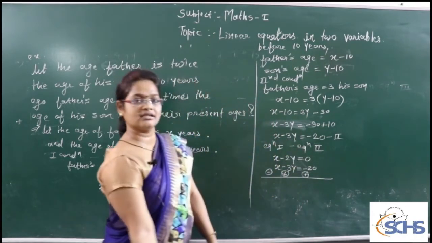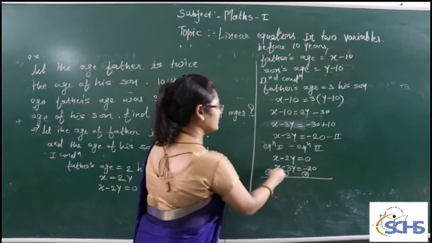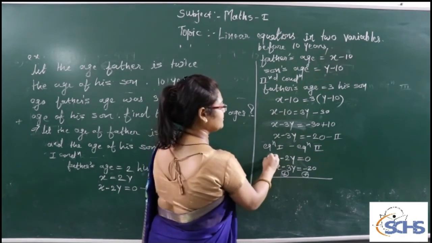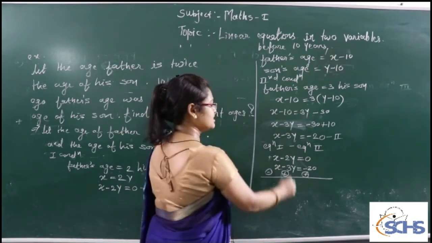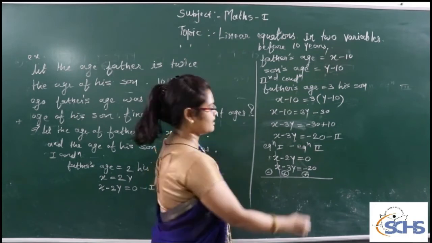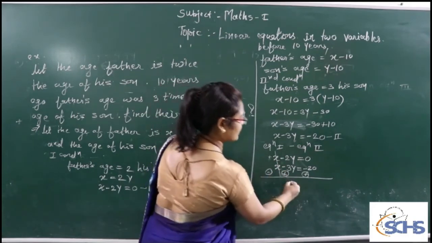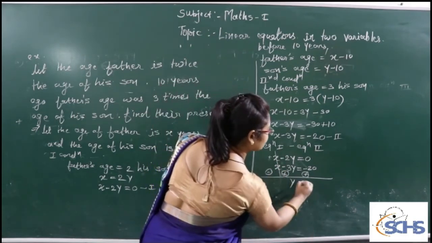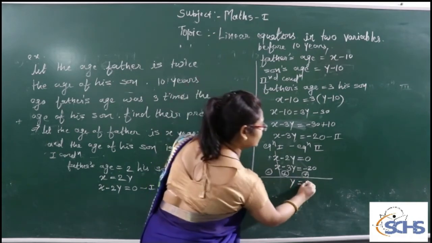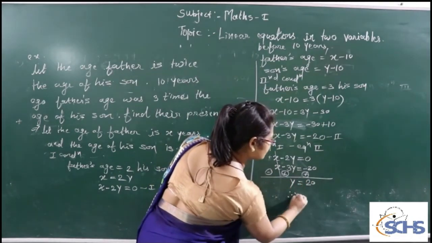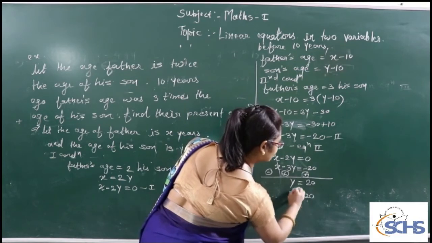Plus will become minus and minus will become plus. In this case here no sign is given, it means the sign is plus. So this x will get cancelled. 2y plus 3y, that means y, and the plus sign, so we get y is equals to 20. Therefore we get y is equals to 20.